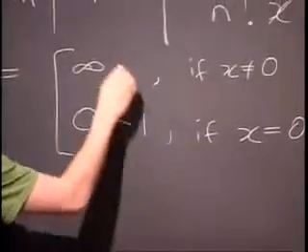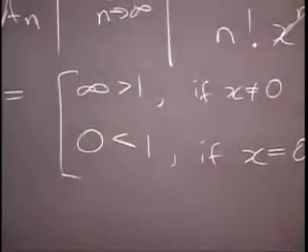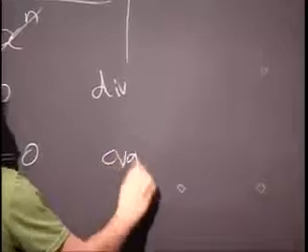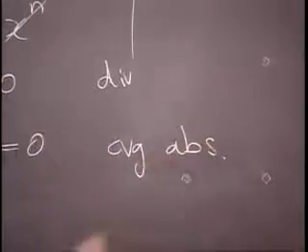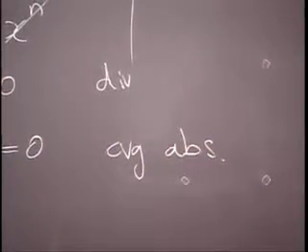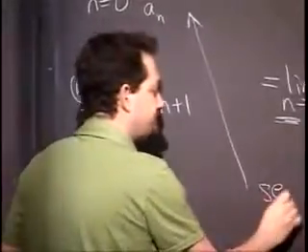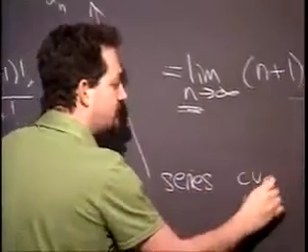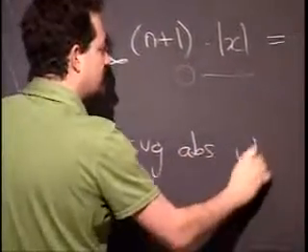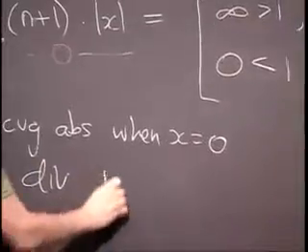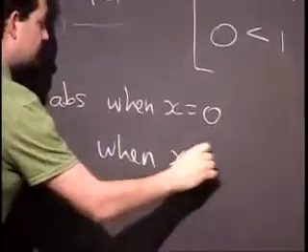But in this case, 0 is certainly less than 1, whereas infinity is certainly bigger than 1. So in this case, it diverges, and in this case, it converges absolutely. So it's not very exciting. Basically, this shows that the series here converges absolutely when x equals 0, and diverges when x is not 0.